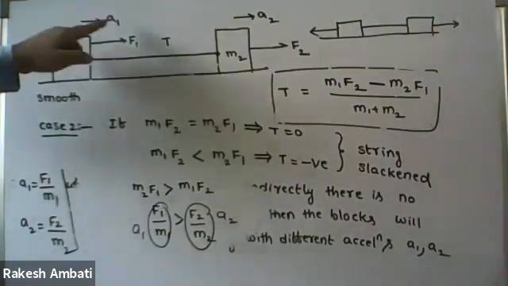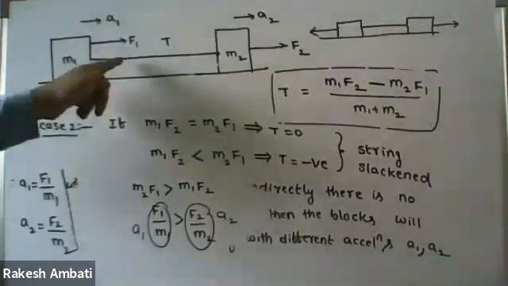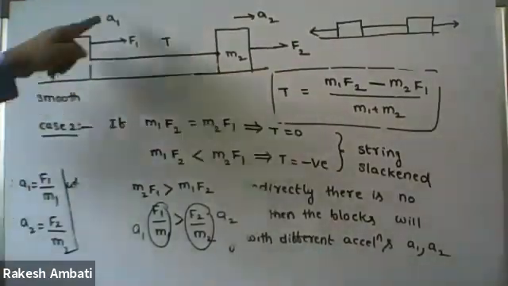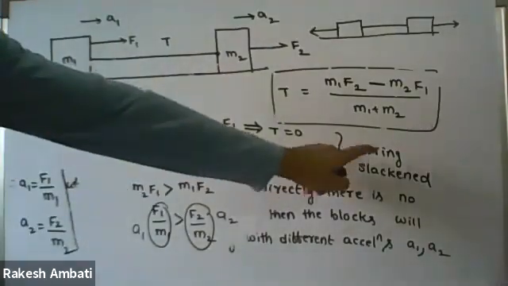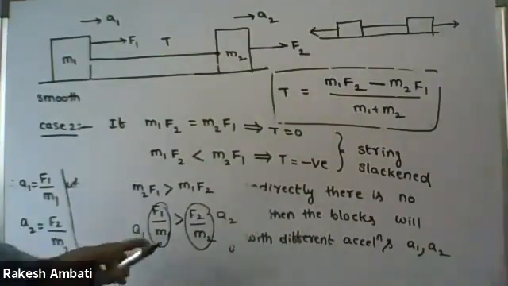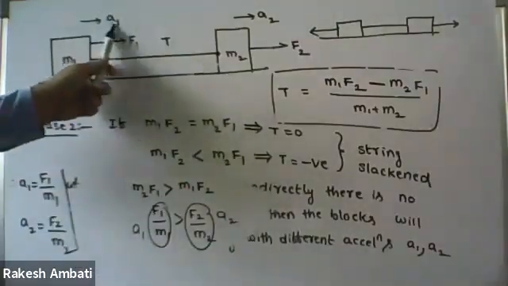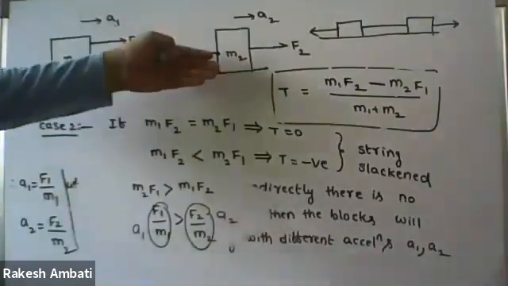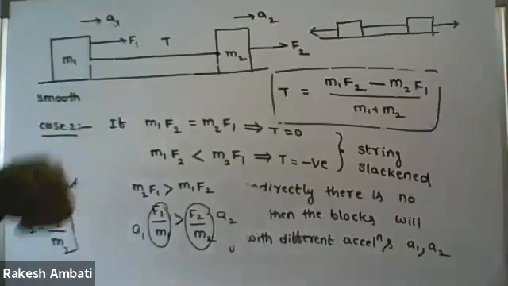Yes, sir. If it is moving faster and the other is moving slower, it leads to the string becoming taut or slackened. Slackened. I got it. So if this is the case, I'm getting A1 greater than A2, which means this block is moving faster than M2, so definitely the string becomes slackened.